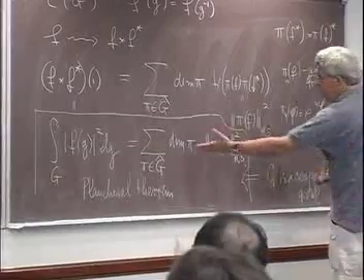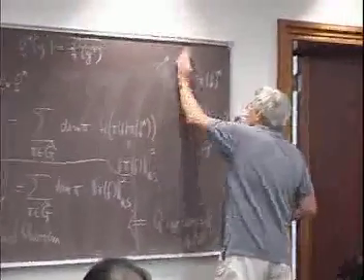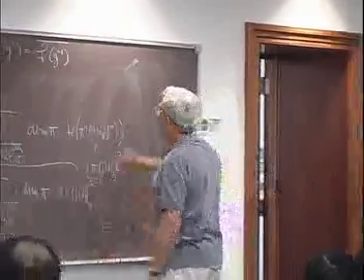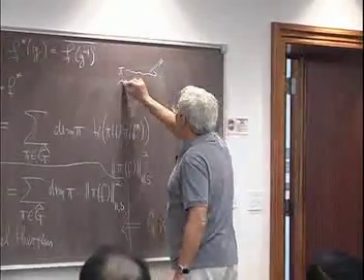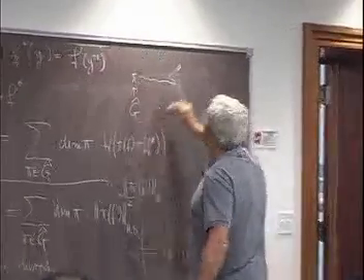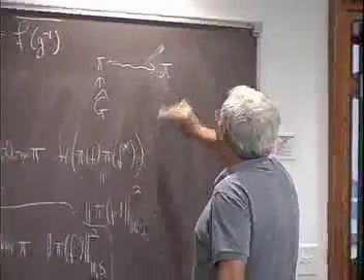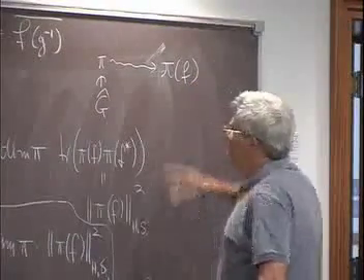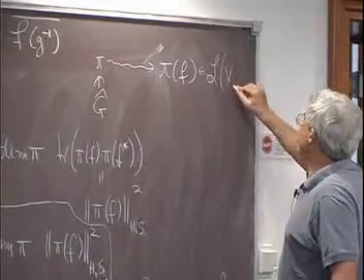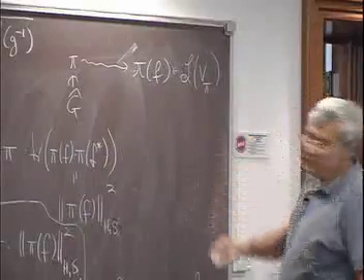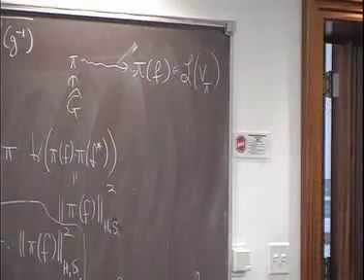But we should think of this side in the following way: on this side I have a function which attaches to a representation pi in G hat, this pi of f, which is an operator-valued function on the space, say V_pi, on which this representation acts.